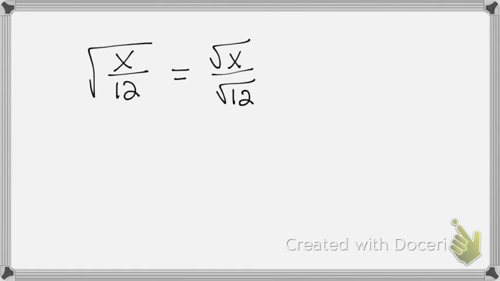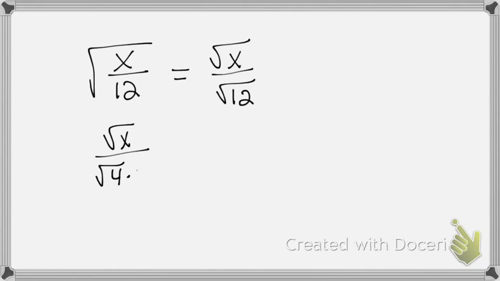That way they're not under 1. Now, in this term, we can simplify that square root of 12. What's a perfect square that can go into 12? 4, and it can go into it 3 times.